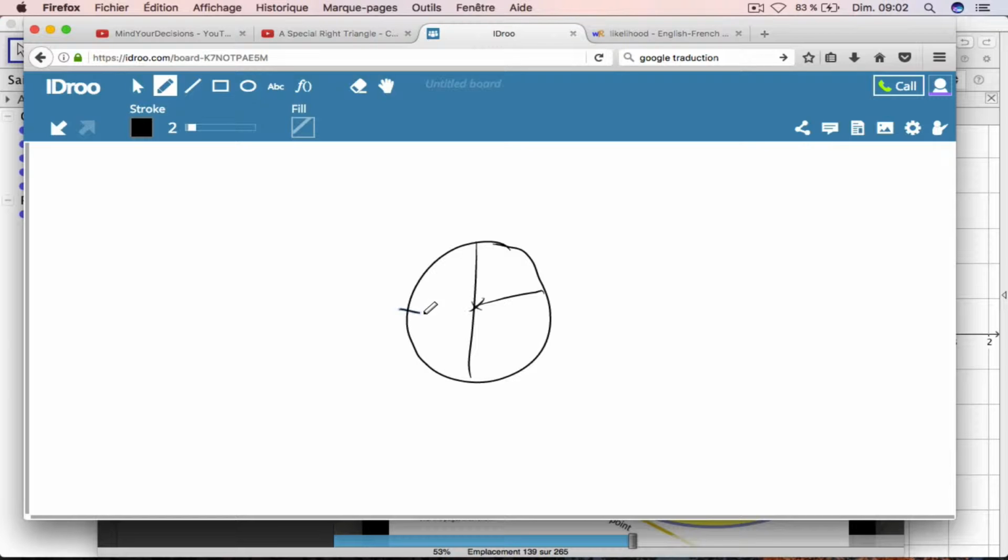Okay, let's use an x-axis and a y-axis. If we've got a point here, thanks to Pythagoras, we can say this triangle is a right-angled triangle.